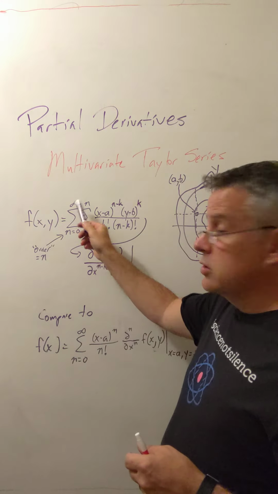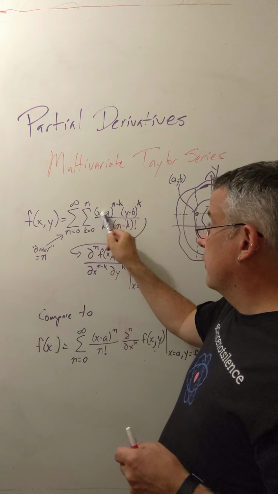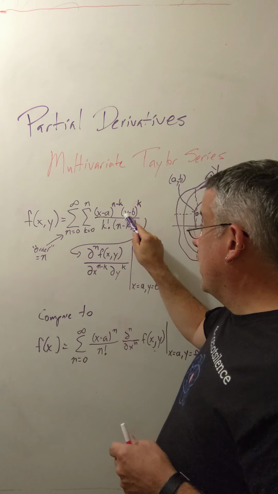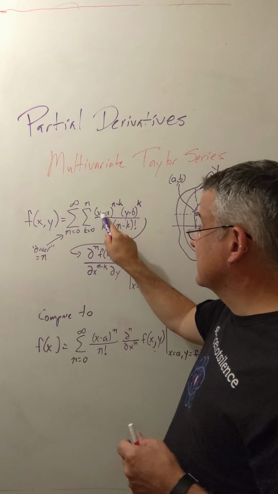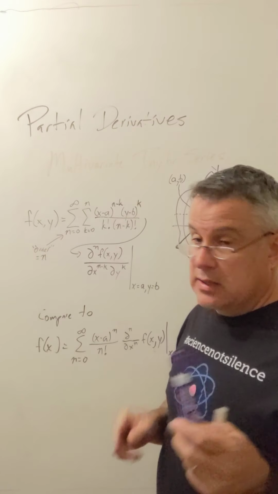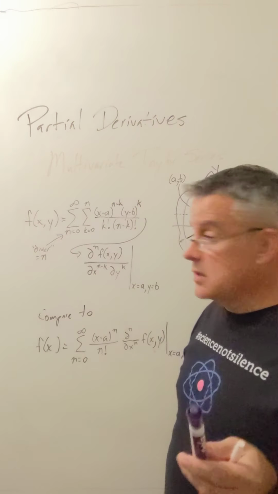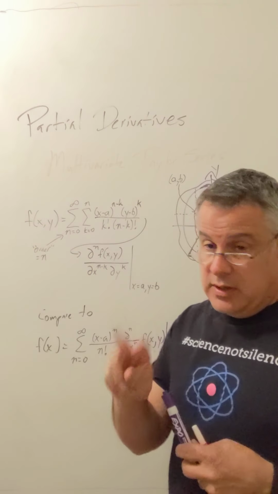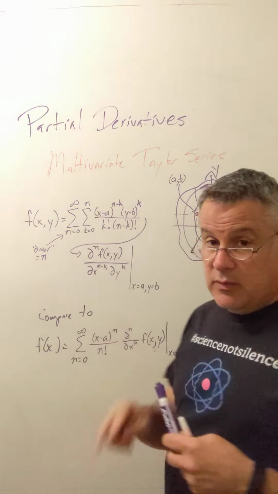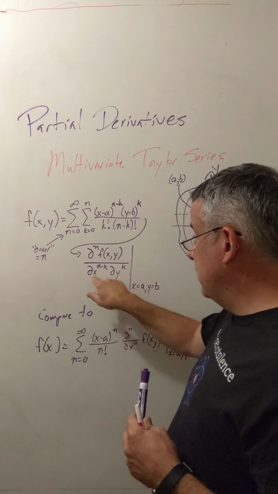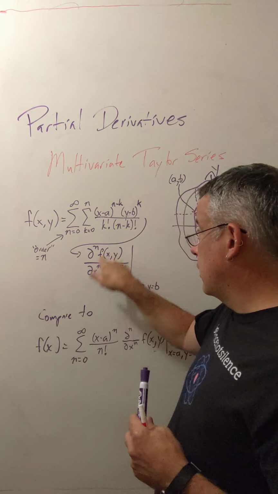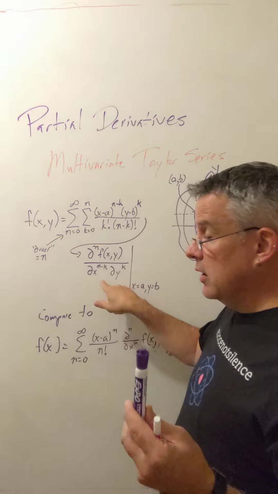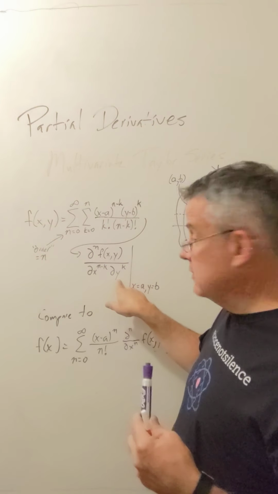At n equals 2, we could have an x squared dependence, we could have a y squared dependence, or we could have an x times y dependence if k is equal to 1 and n is equal to 2. And we could take the second derivative with respect to x, the second derivative with respect to y, or indeed the mixed derivative, with first derivative with respect to x holding y fixed, and then first derivative with respect to y holding x fixed.